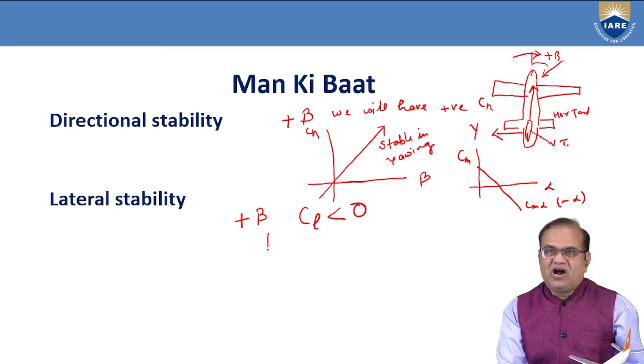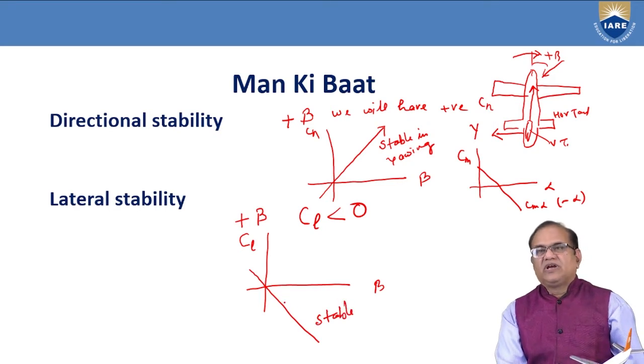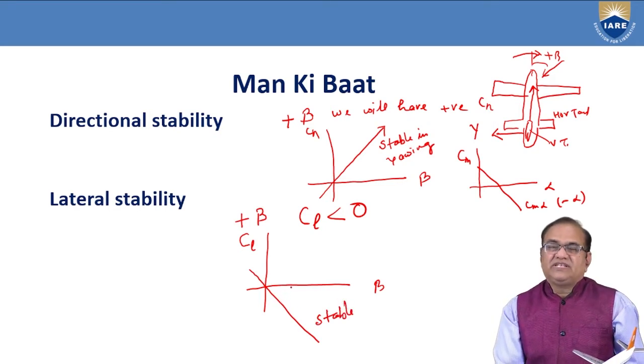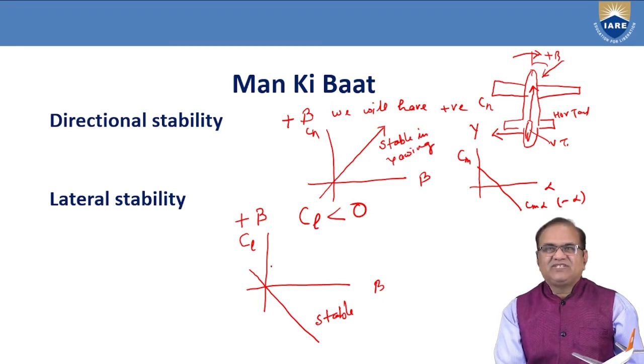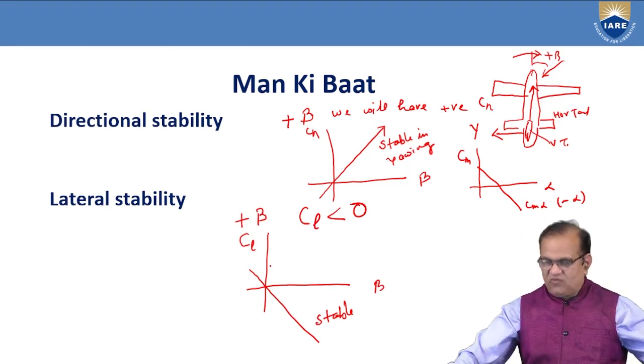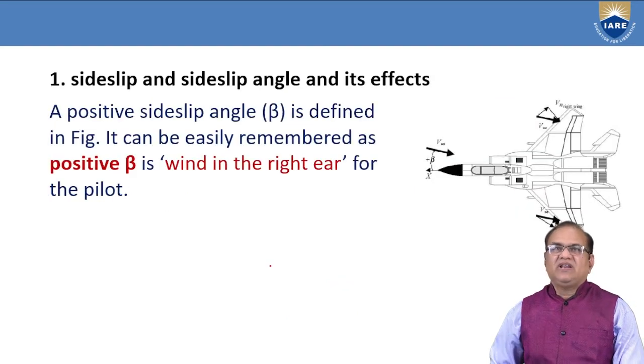If I draw the plot between coefficient of rolling moment versus beta, the plot will go negative like this. So this is the stable case. This is the difference between yawing moment or the directional stability and the lateral stability of the aircraft, which I have explained. Now I will take some questions, and accordingly I will proceed.